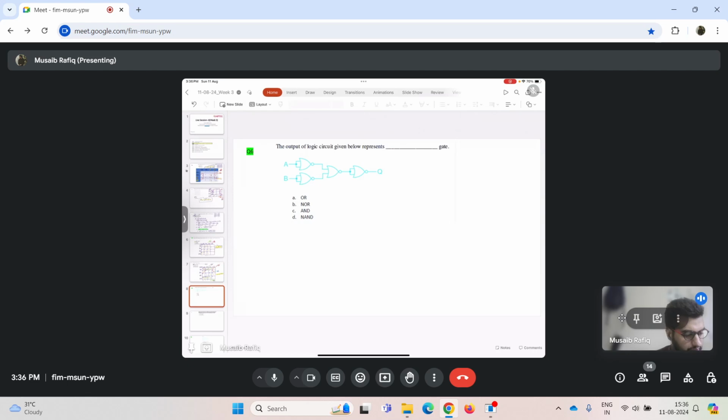So I'll read the question. The output of the logic circuit given below represents dash gate. So you need to find out which gate the following circuit represents. I'll just give you a couple of minutes, then you can type your answer.